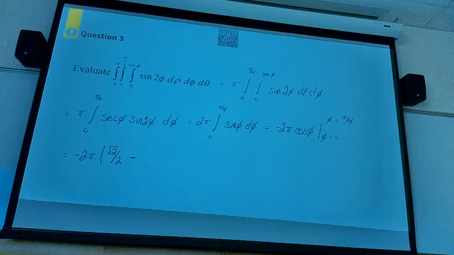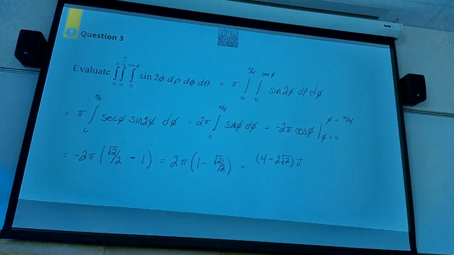Oh, 1. Or if you want to write it as a single fraction, that would be 2 pi times 1 minus root 2 over 2, or 4 minus 2 root 2 pi, all over 2.